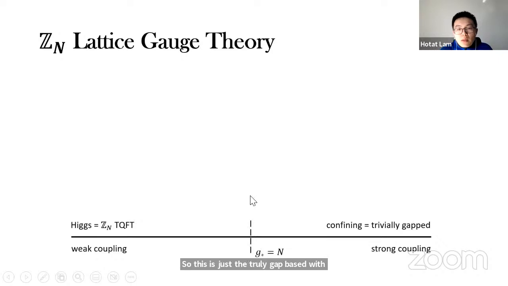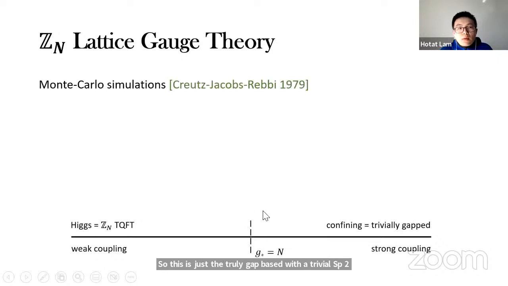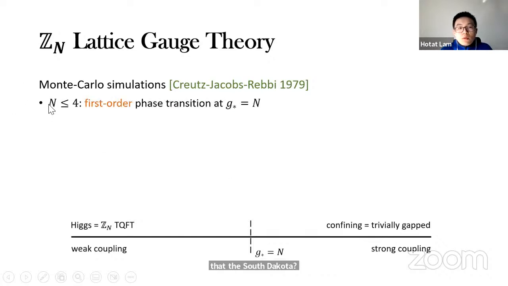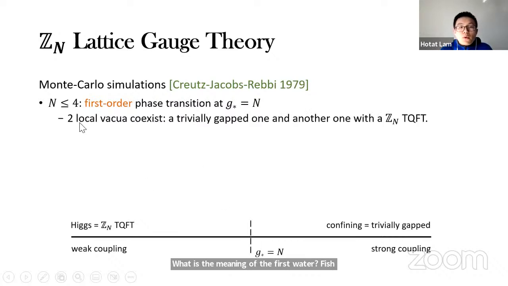One thing we want to understand is what happens at the self-dual coupling. There are some results suggested by Monte Carlo. When n is small, for example n less than 4, numerics show a first order phase transition at the self-dual coupling. What is the meaning of a first order phase transition? It means that at the self-dual coupling, there exist two local vacua that coexist. One of them is the confining vacuum, a trivially gapped vacuum.